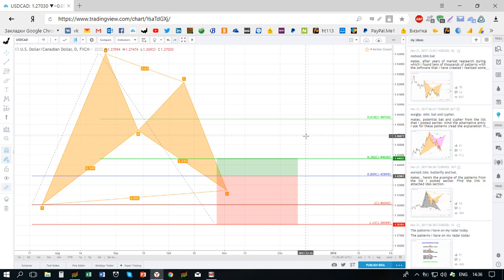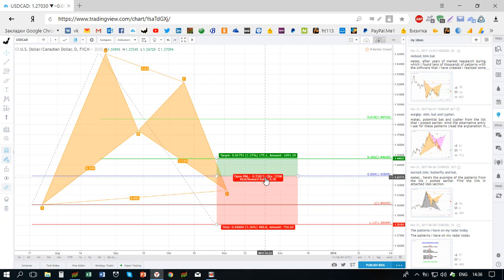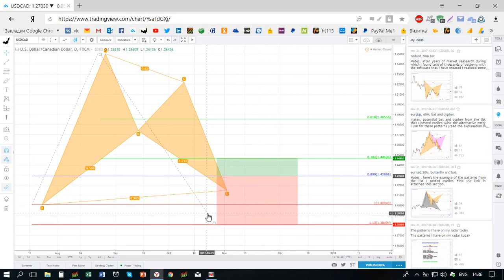With Cipher patterns, when you have the entry at 786 or somewhere here, your risk to reward ranges from being 0.36 to this, to large.